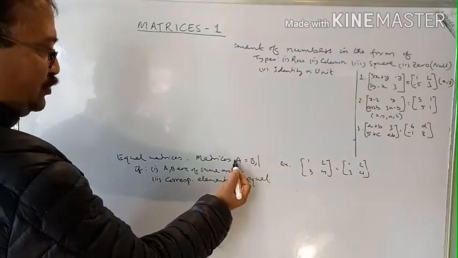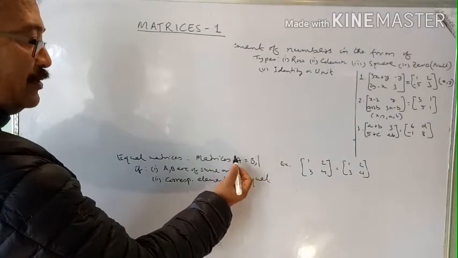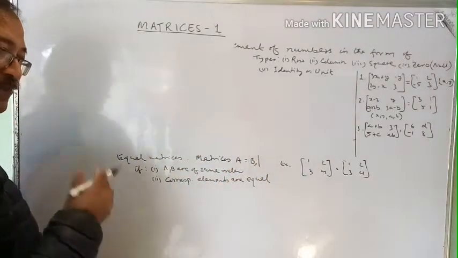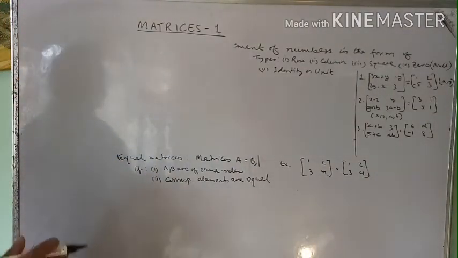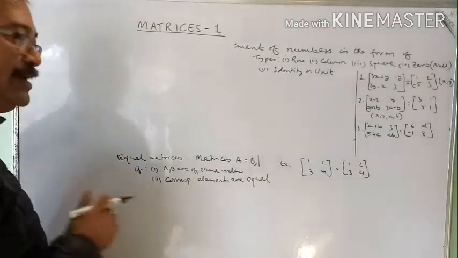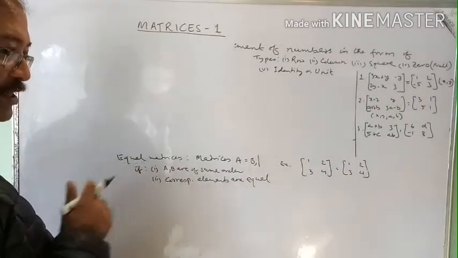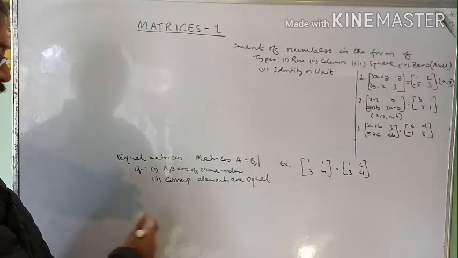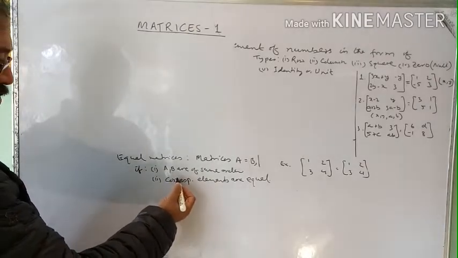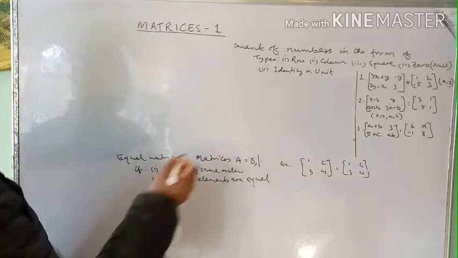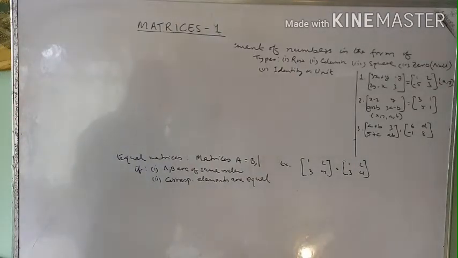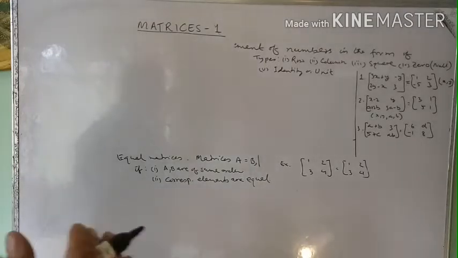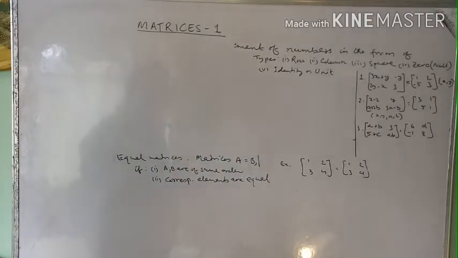Remember, for two matrices A and B to be equal, first they must be of the same order. If the orders are different, then they cannot be equal. The second condition is that the corresponding elements must be equal.